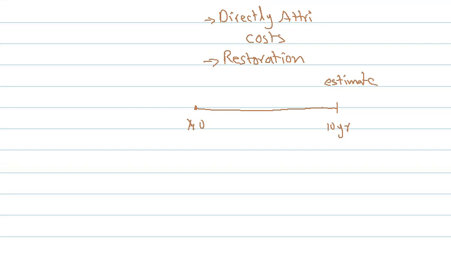And as there is 10 years time between now and the time when we will be spending the money for restoring the asset, and we need to include it into our cost of asset now, we need to discount it to present value.